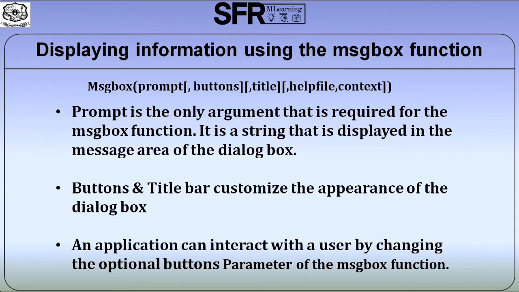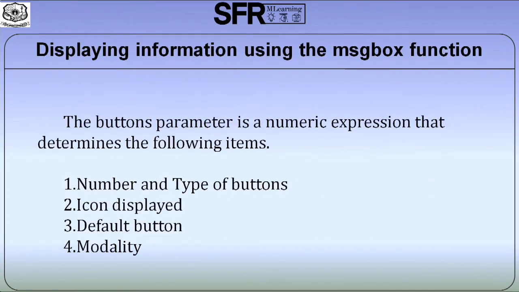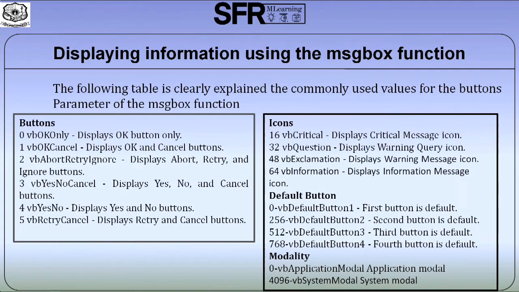The next argument: an application can interact with a user by changing the optional buttons parameter of the message box function. The buttons parameter is a numeric expression that determines the following items: number and type of buttons, icon displayed, default button, modality. The following table clearly explains the commonly used values for the buttons parameter of the message box function.